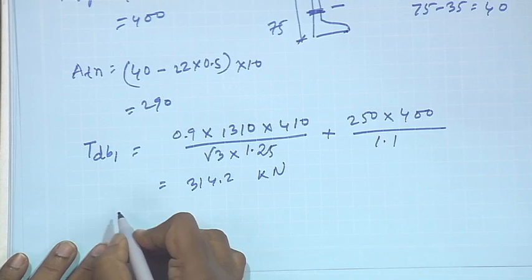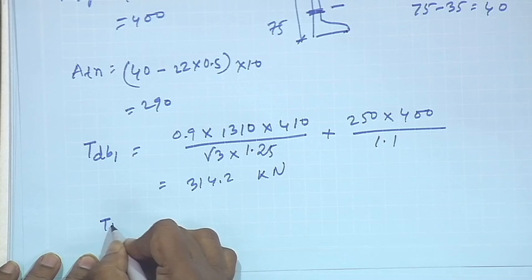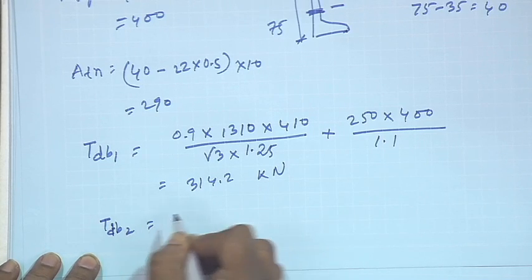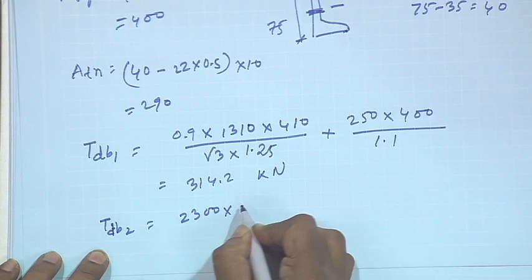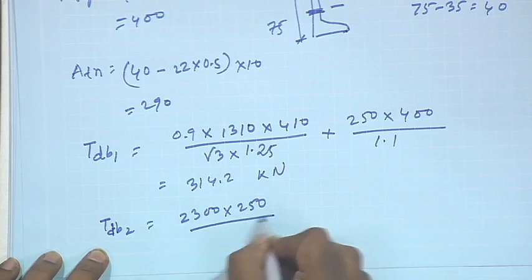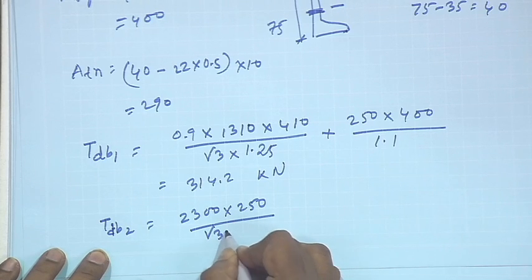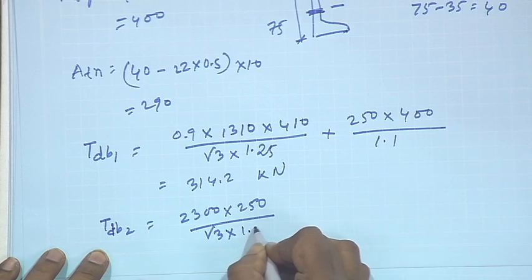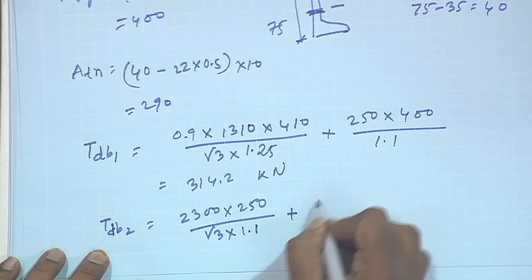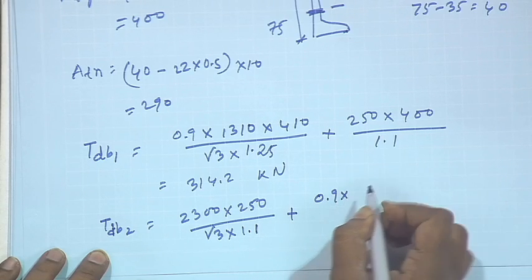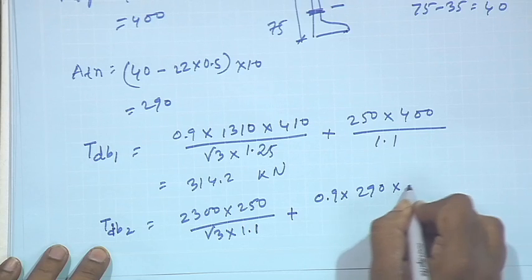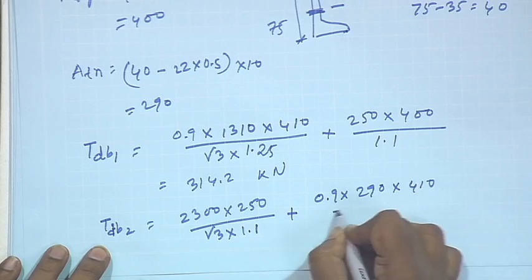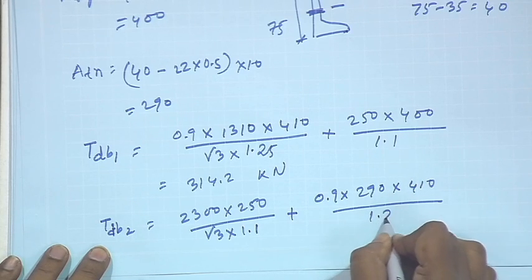Similarly, TDB2 value I can find out as AVG into Fy by root 3 gamma m0 plus 0.9 into ATN into Fu by gamma m1.